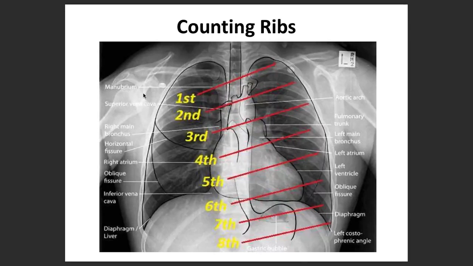In a good inspiration film, 6 anterior ribs and 10 posterior ribs are going to be visible, a 6 to 10 ratio. That is why you should be able to count those ribs. One, two, three, four, five, six, like this. It goes on. So that is why counting of ribs is also important.